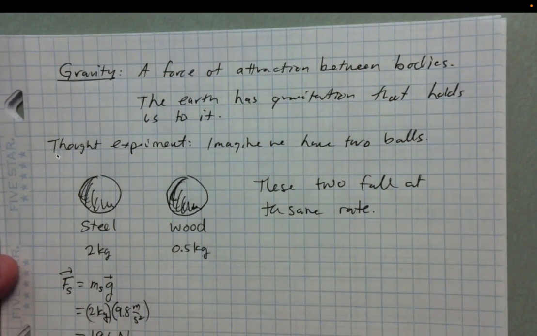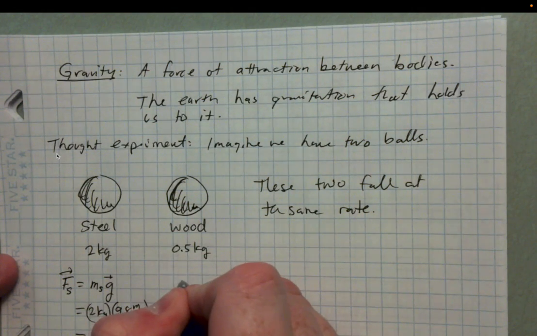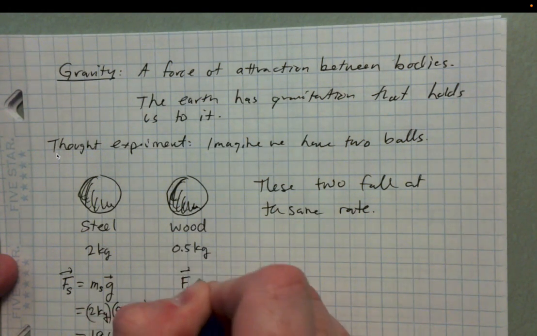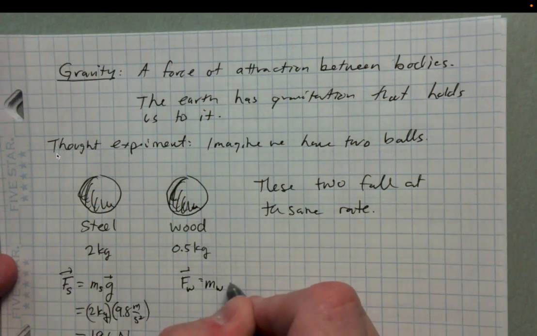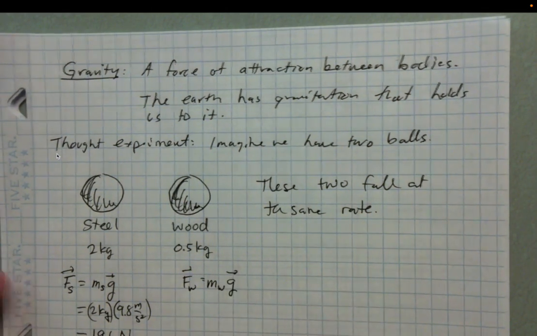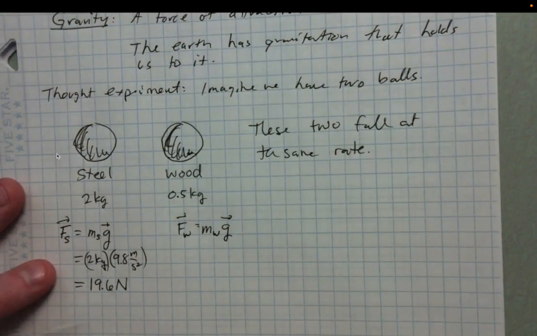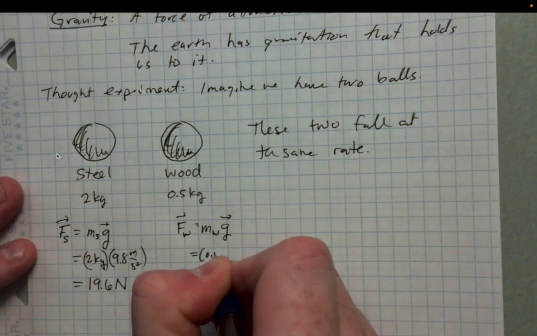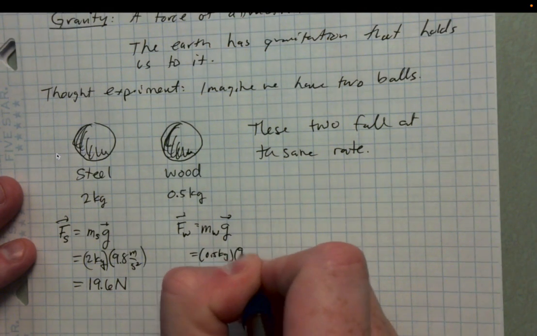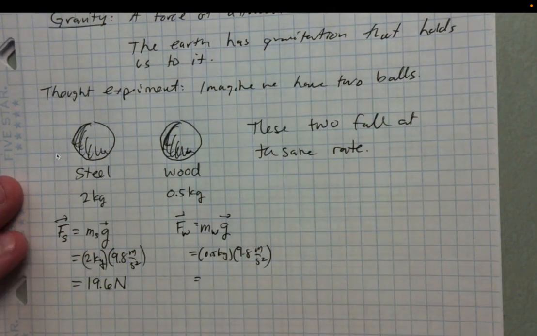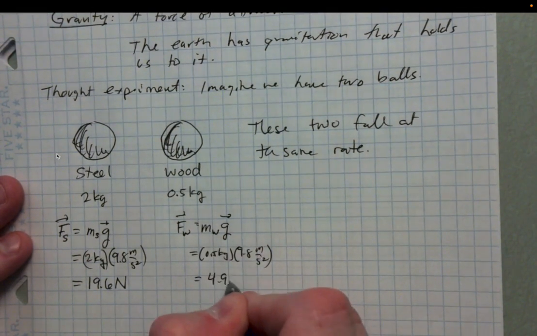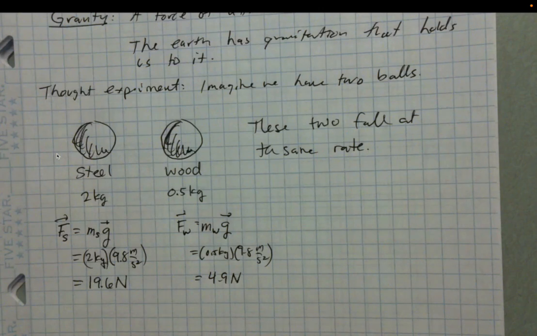Now, on the other side, you've got the wooden ball, and its force is also equal to the mass times the acceleration due to gravity. When we multiply that out, we get 0.5 kilograms times, again, 9.8 meters per second squared, so in the case of the wooden ball about 4.9 newtons of force.